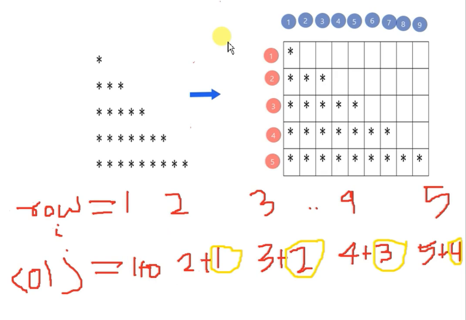So the incrementing part is 0, 1, 2, 3, 4, and it will carry on: then it will be 5, then 6 for the rows. So this is our I, this portion.